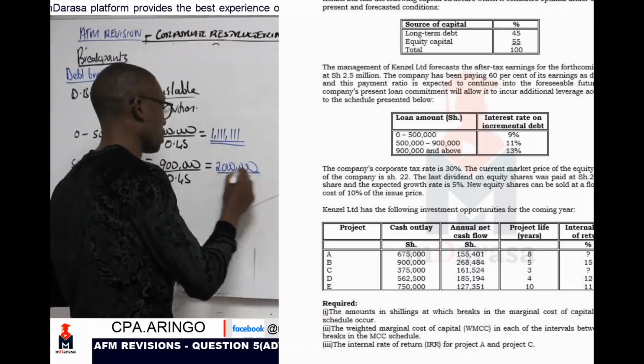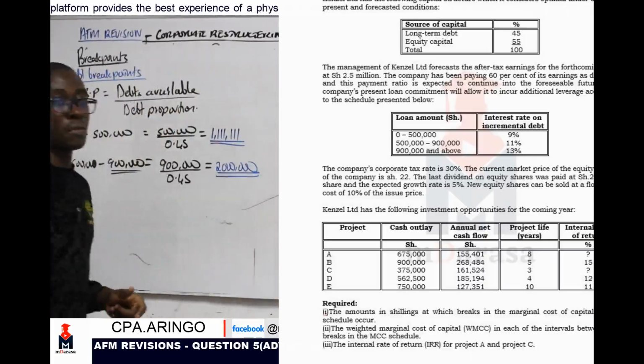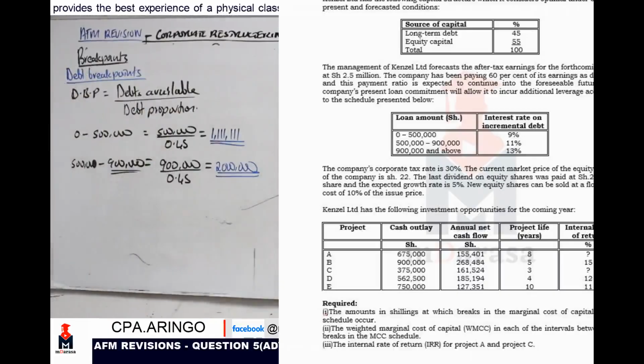2 million. Kindly confirm if that is what we are getting. So you'll find that that was, of course, the first bit. This was at 9%.